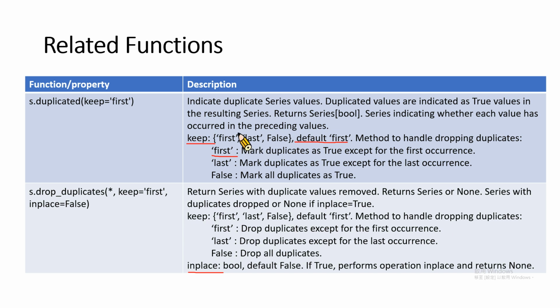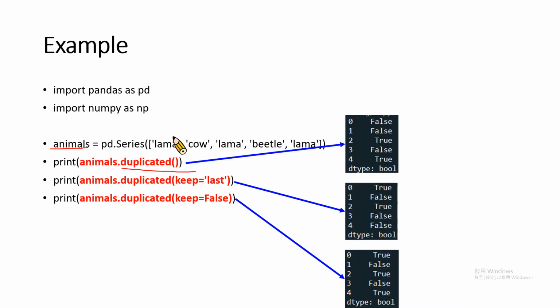That means we will mark the first duplicate value. So here llama is a duplicate value, and you see we mark this first llama false, and the rest of the duplicate llamas are marked as true.